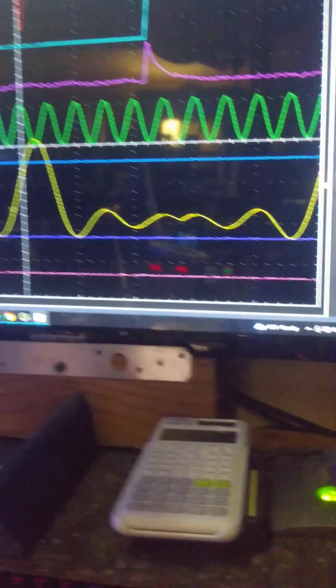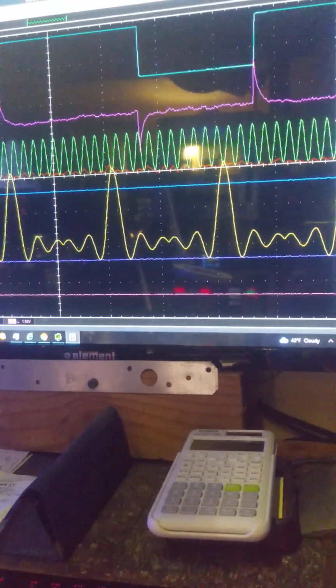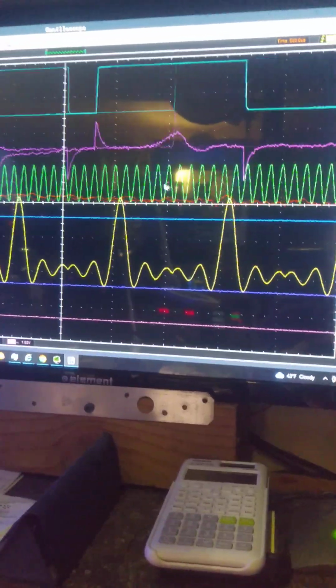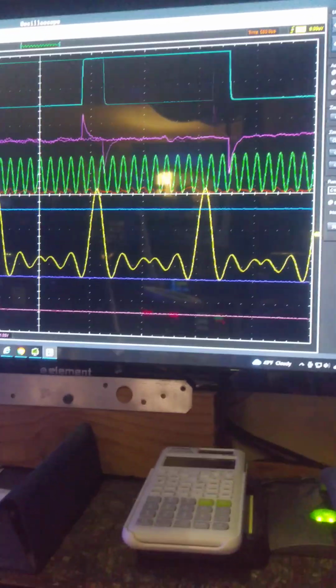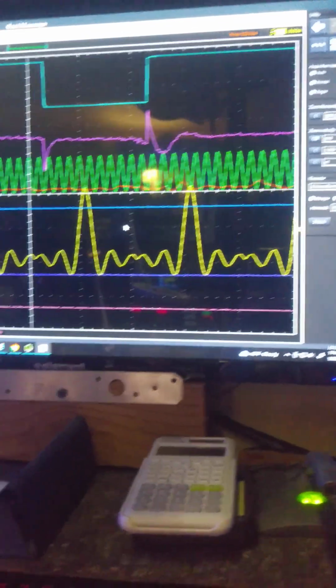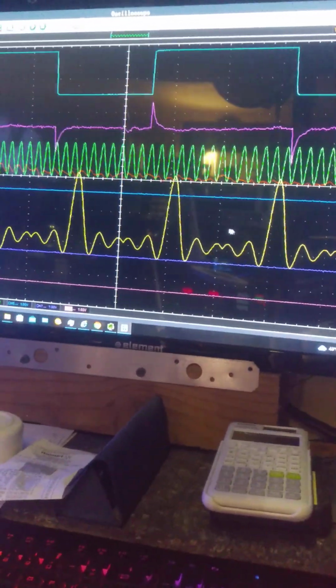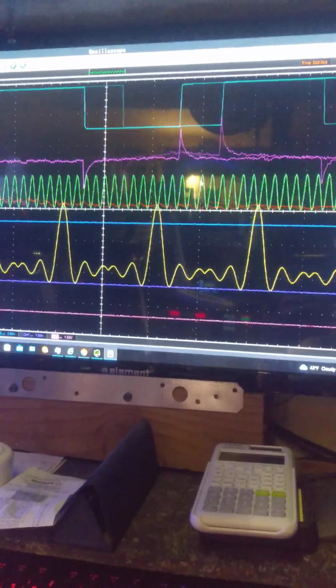Yeah, 1 kilohertz, so it's locked on pretty good. And this signal is still set at 10 kilohertz. Remember, I haven't adjusted that at all. So it's kind of showing you what the useful range of this thing is.